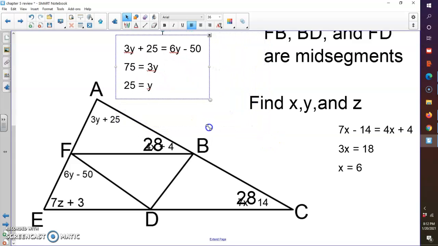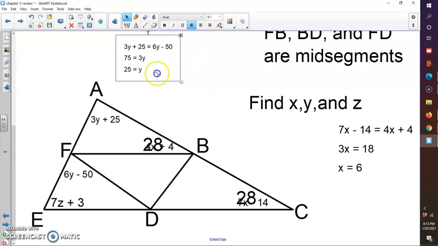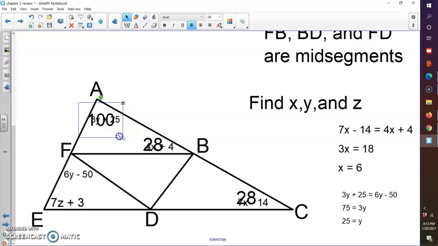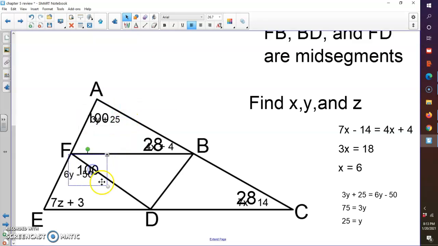And when I plug that in, 3 times 25 is 75 plus 25, that's 100. So this angle is 100, and therefore this angle is 100. Now to get 7z plus 3, well, 180 minus 128 is 52.